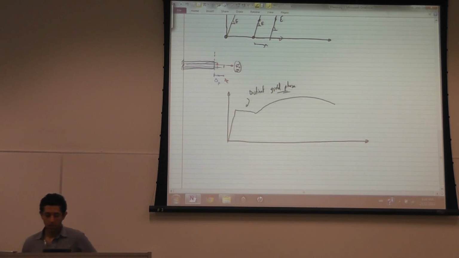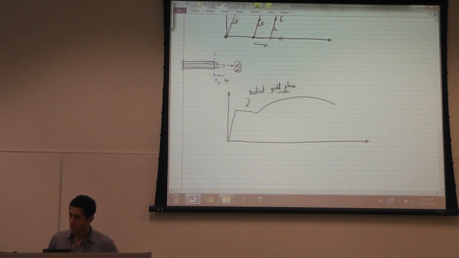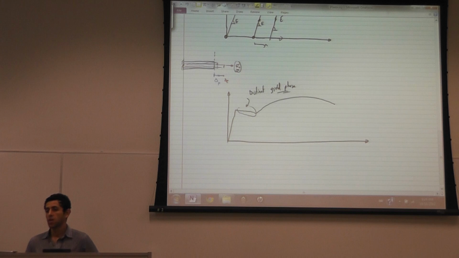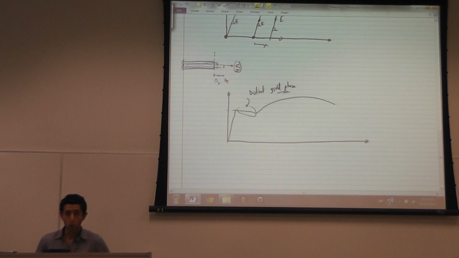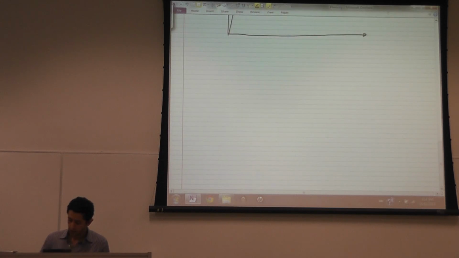Now manufacturers and engineers realized that this is really not a very good behavior, this distinct yield phase, because it's a point of instability for the material. You don't want this point of instability. If you're using this for a structure and all of a sudden you hit that load, the material will yield.